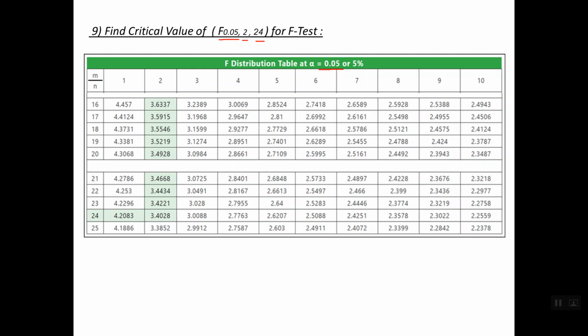So this table is related to the significant level, which is 0.05. Regarding the degrees of freedom, 2 and 24, this row here represents the degree of freedom between groups.